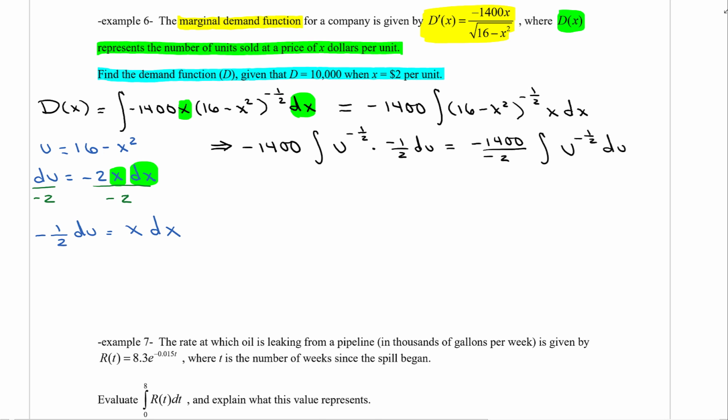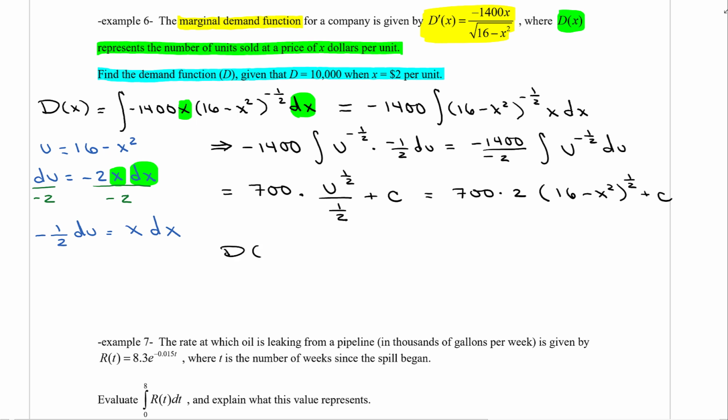Now we're ready to integrate. So this will be 700 times u raised to the 1/2 power divided by 1/2 plus c, and this would be equal to 700 times 2 times (16 minus x squared) raised to the 1/2 power plus c.